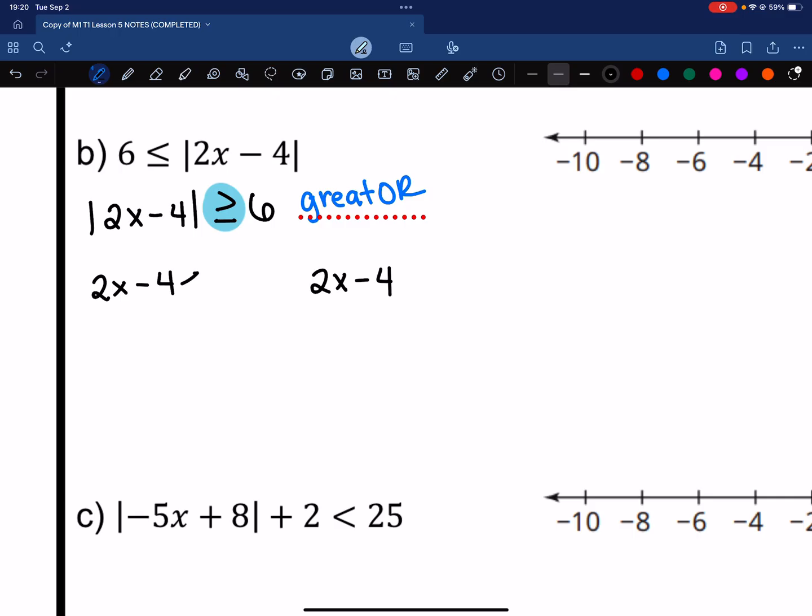One is going to be less than and one is going to be greater than. The less than goes with the negative version of the number. The greater goes with the positive version of the number. Okay? So, then you go about solving it the same way. Okay? So, to solve this, we are going to add 4 to both sides.